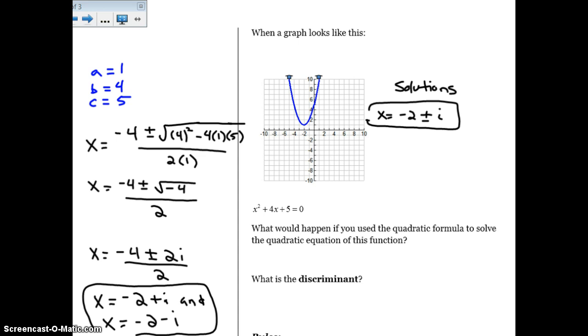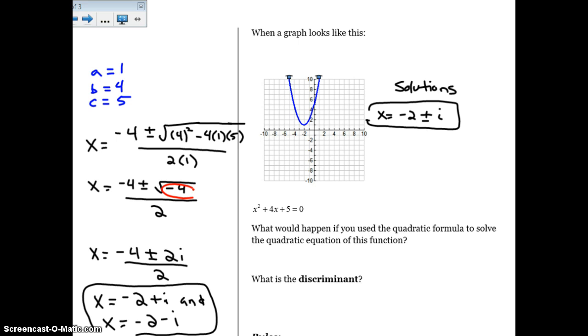So I did the work over here on the left, and when we got to inside the radical, we got a negative 4 in there. And that kind of complicates things because the square root of negative 4 is 2i, right? So we can only simplify our answer as far as x equals negative 2 plus or minus i. So there are 2 solutions, but they are imaginary solutions. So we say there are 2 imaginary solutions.